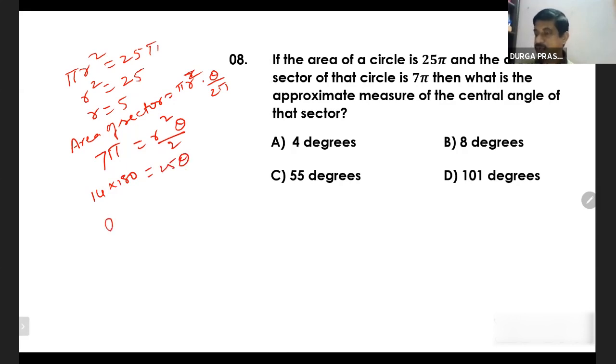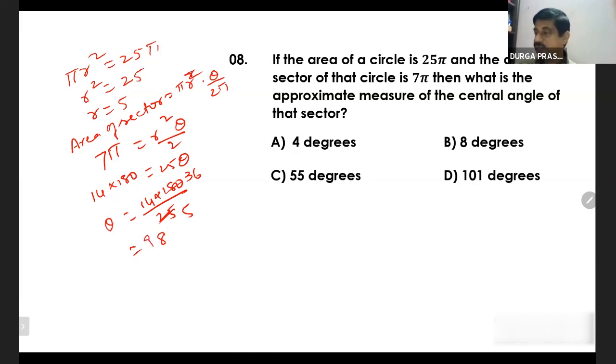So what is theta equal to? 14 into 180 by 25. So this is 5 is 50, 5 6 30, 5. So this is approximately 7, 7 4 is 28.